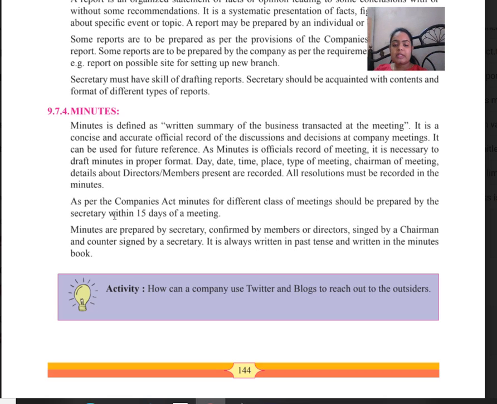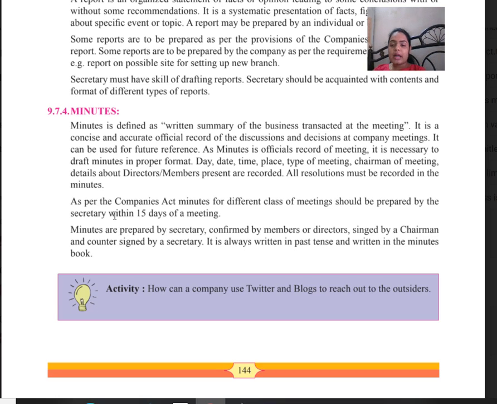As per the Companies Act, minutes for different classes of meetings should be prepared by the secretary within 15 days of a meeting. Minutes are prepared by the secretary, confirmed by members or directors, signed by the chairman, and countersigned by the secretary. They are always written in the past tense and written in the minutes book. So, minutes are the written summary of the meeting that was transacted earlier.